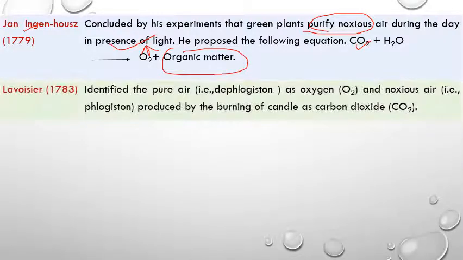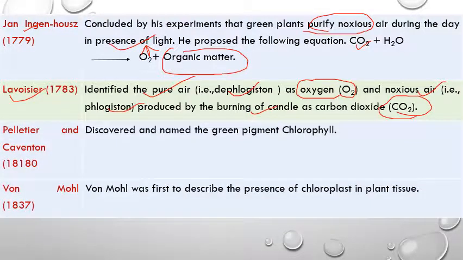Next was Lavoisier, who identified the pure air, that is dephlogiston, which we today know by the name of oxygen, and the noxious air, that is phlogiston, carbon dioxide we can say, and other harmful gases produced during respiration. So these are produced by the burning of a candle as carbon dioxide.